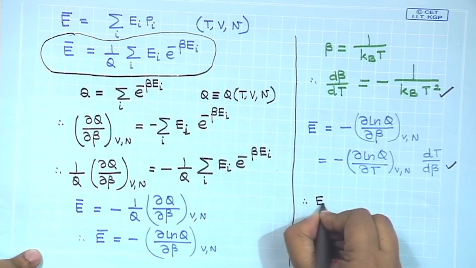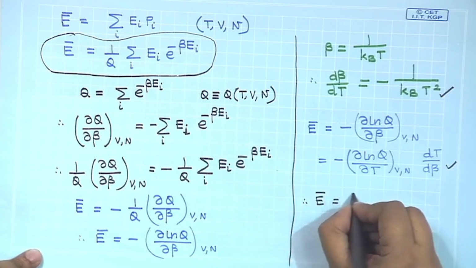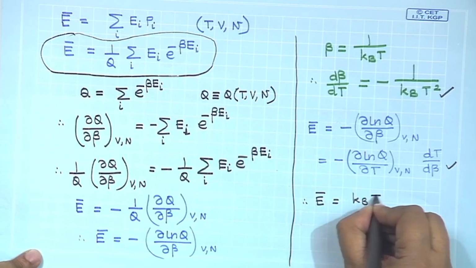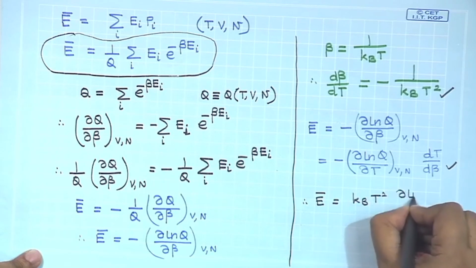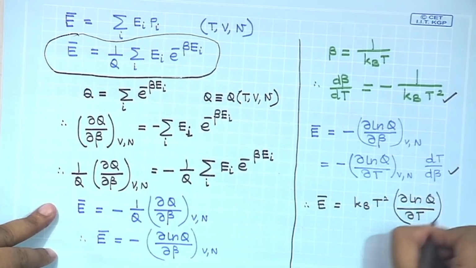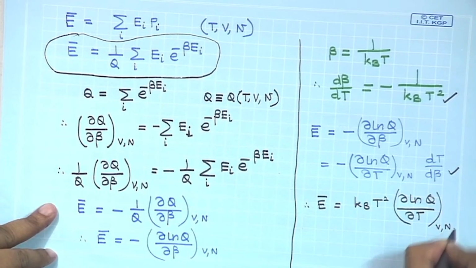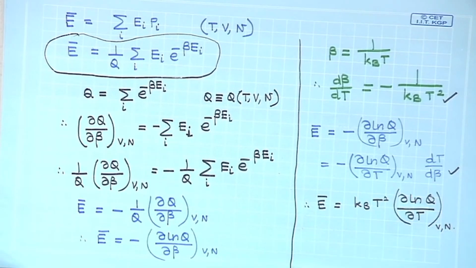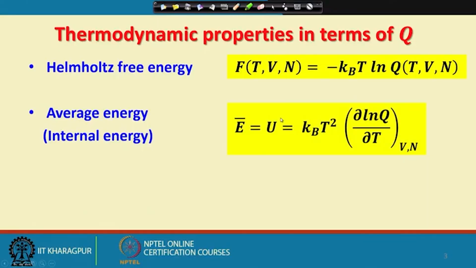I get E bar equal to kB T square del ln Q del T, keeping V and N constant. So, this is trivial algebra, and one can have a look at the expression for internal energy that I have put in over here, and that is nothing but kB T square into del ln Q del T, keeping volume and number of particles constant.